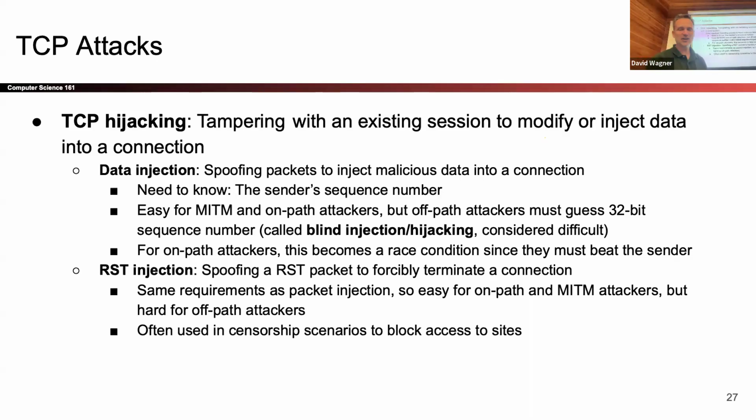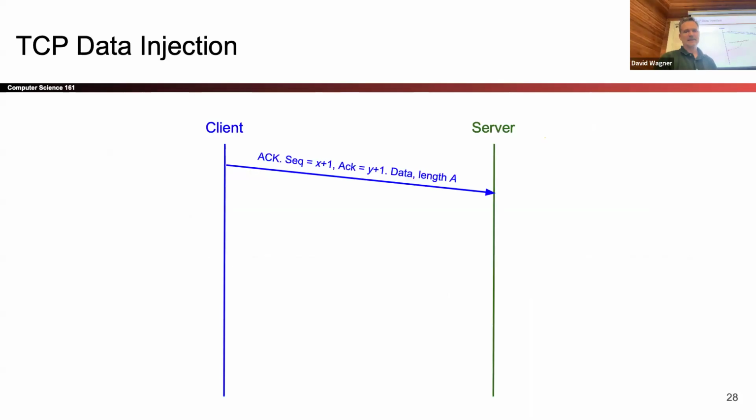All right, so that's reset injection. And the idea with data injection is that if the client is sending some data and the server is about to send a response, an attacker can send a fake response. The attacker can do that by sending a spoofed packet, the source address being spoofed to the server.